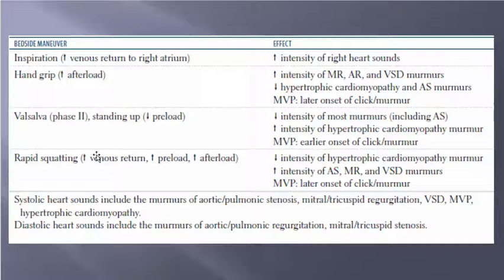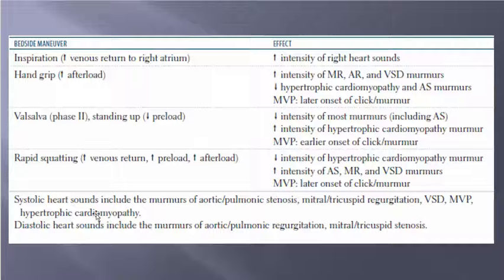Okay. This is actually a popular test question, I understand, on rapid squatting. Squatting, standing up, squatting, coming down. You have a decrease in intensity of hypertrophic cardiomyopathy, increase in intensity of different flows.